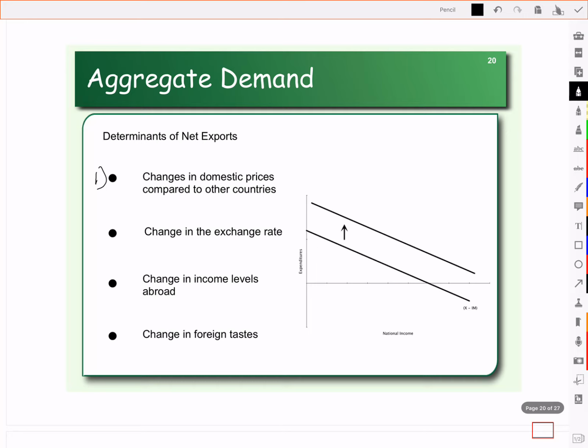So let's think this through. Let's suppose that prices in foreign countries went up. So if goods are now more expensive in the US than they are in Canada, then what does that mean? Well, that means that Americans are now going to buy from us instead because we're cheaper. Well, if Americans are buying from us, then our exports will increase.